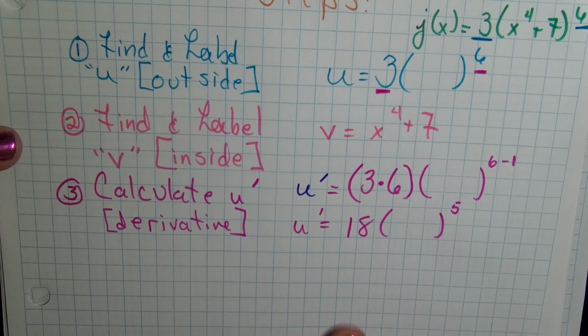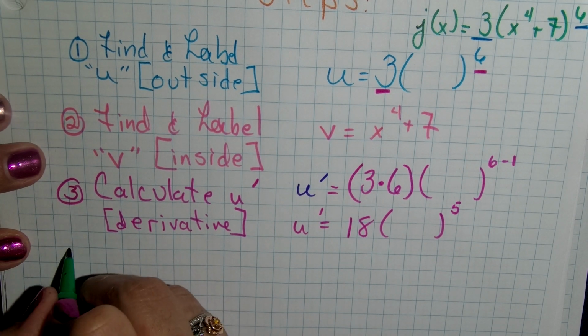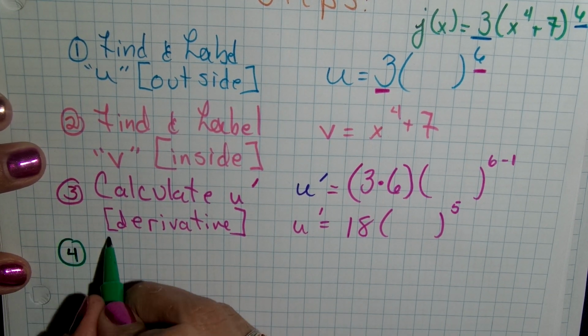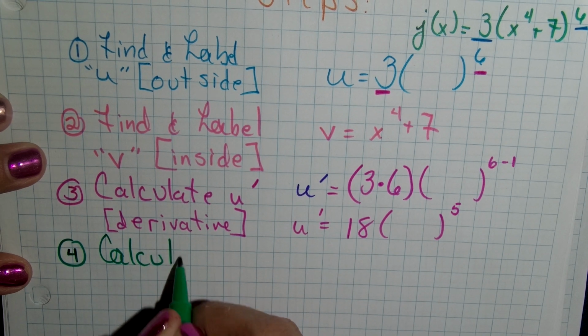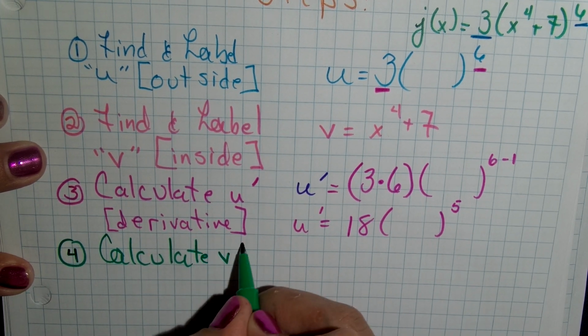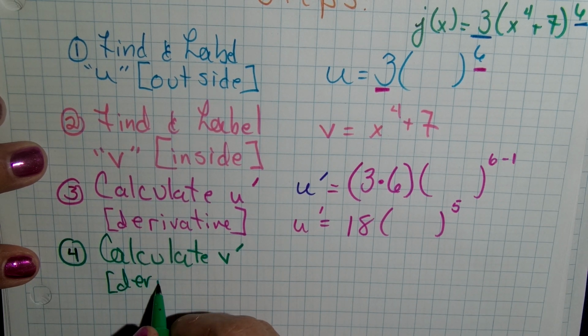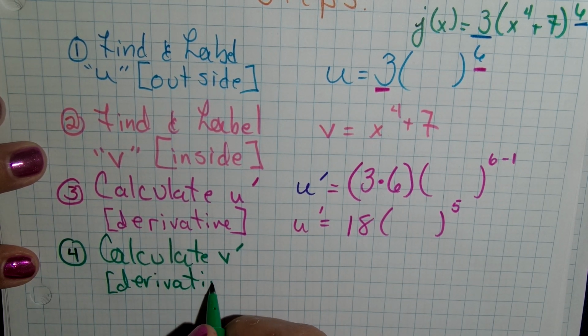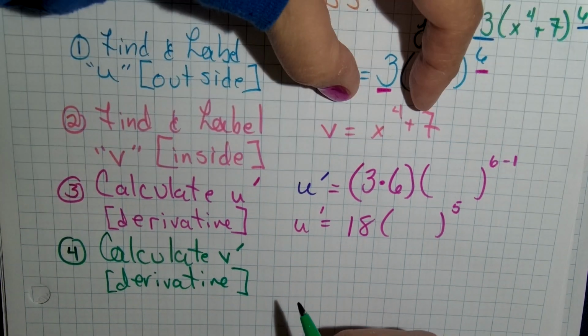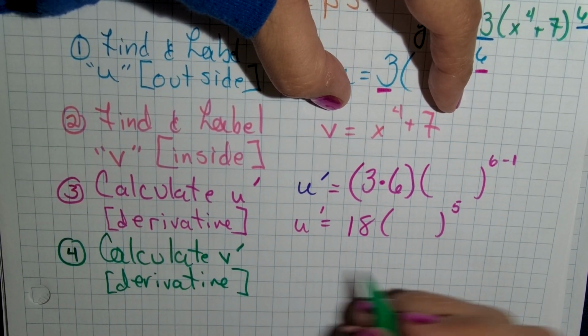Okay. Step 4. Calculate v prime. Remember, this is the derivative. We know that v is x to the 4th plus 7.